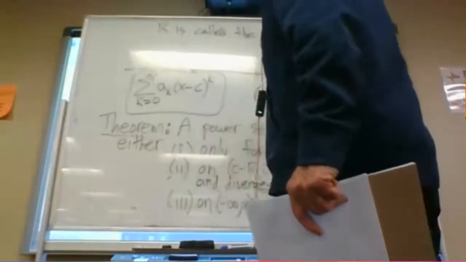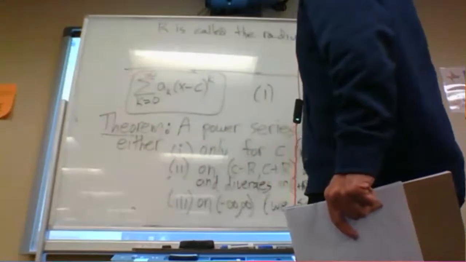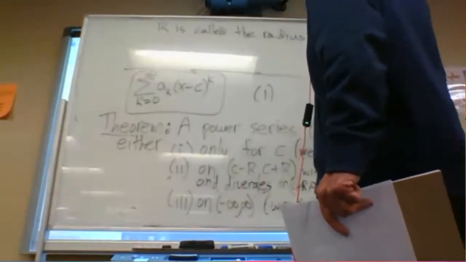And let me write it down. R is then called the radius of convergence, we said. And here's the interval of x values for which you get a convergent series in the three cases. All right?